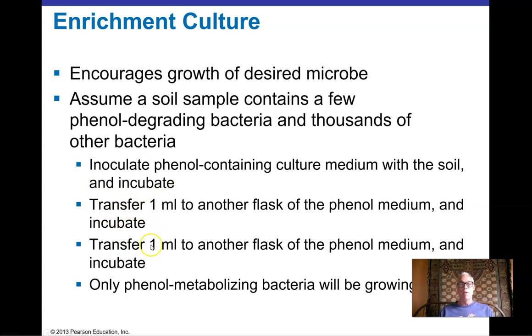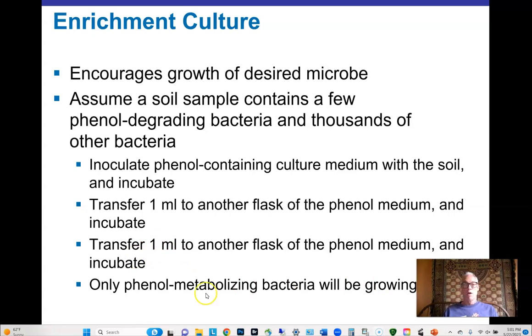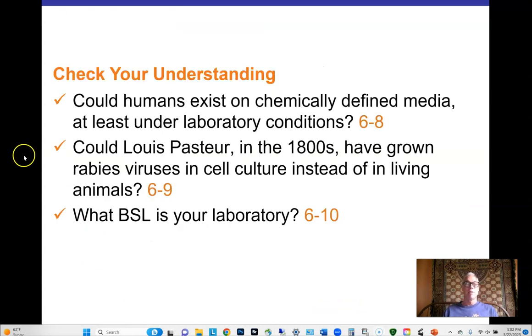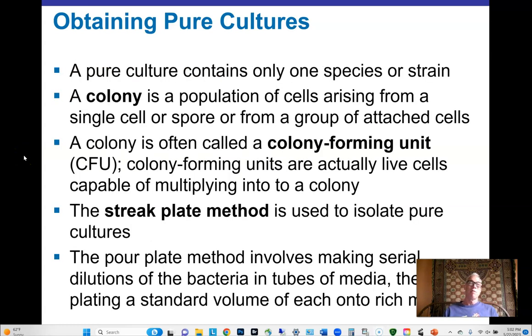Take out a sample of that, put it in some fresh phenol medium, and so forth. Do that a few times. Pretty soon we have really allowed the phenol-metabolizing bacteria to become prominent in the culture instead of being a super rare presence. So just a quick look at some different types of media we can employ in the laboratory for our benefit.